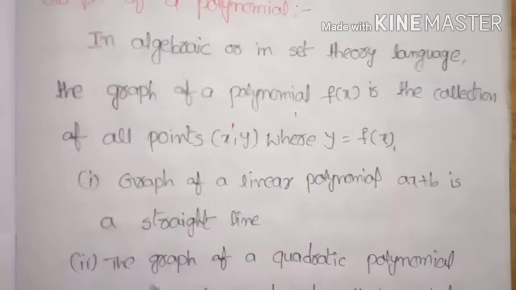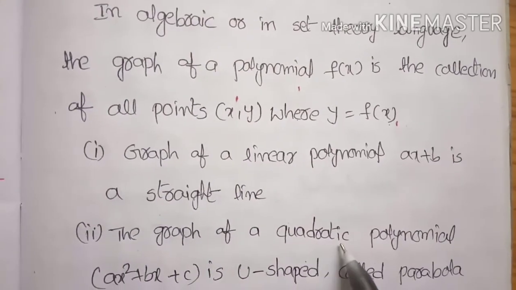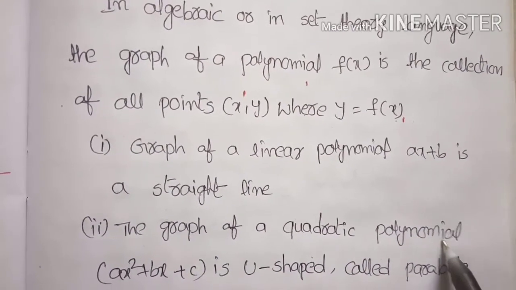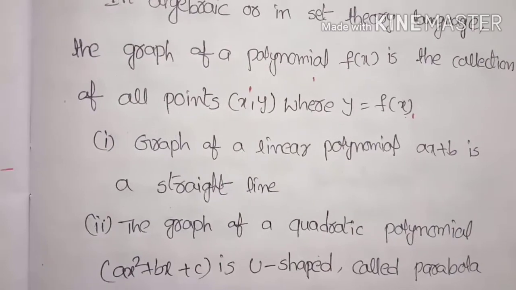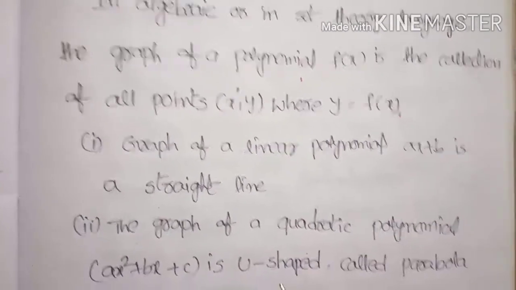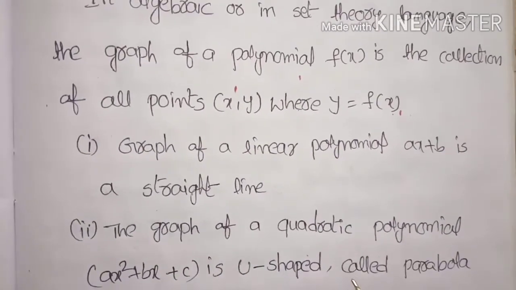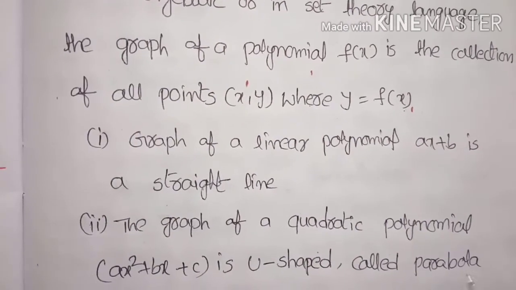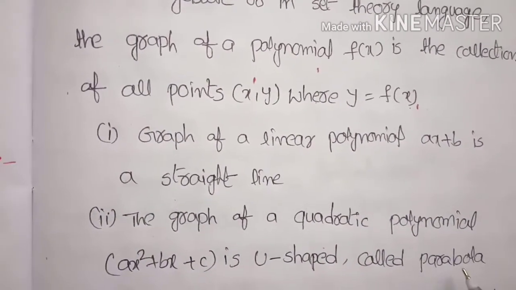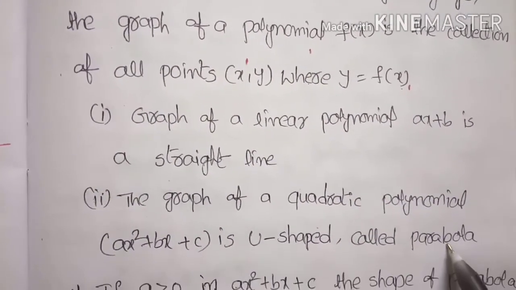Next one, the graph of a quadratic polynomial ax square plus bx plus c is U-shaped, called a parabola.